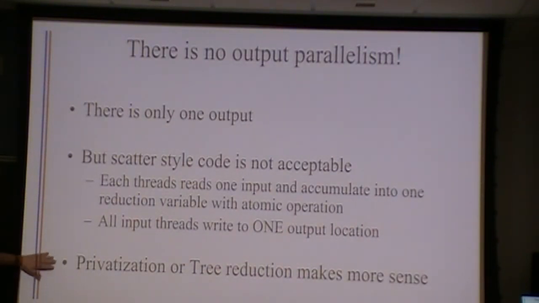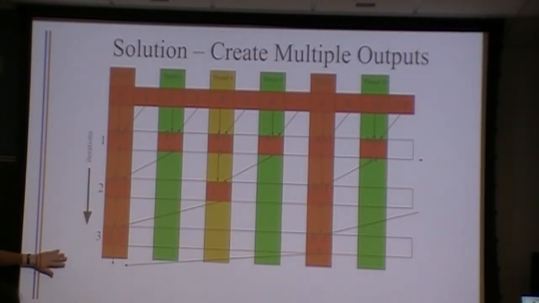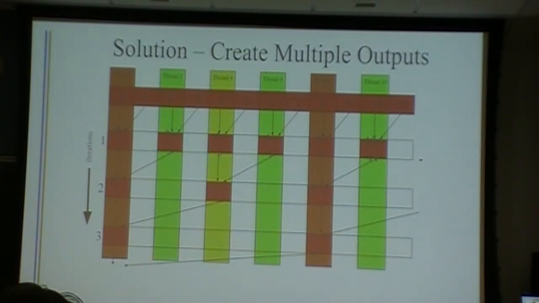So this privatization is essentially the scatter to gather transformation, but we're creating additional outputs so we can create additional parallelism. Does that make some sense? So it's basically a special case of the scatter to gather transformation where we create additional outputs so that we have additional parallelism.